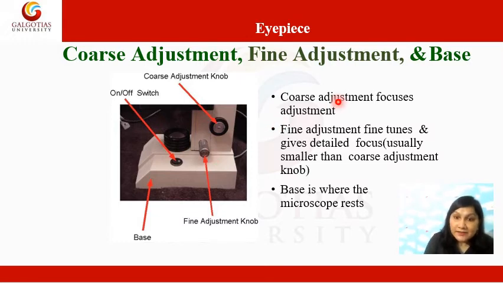Coarse adjustment is used to define the distance of the object from the objective lens to get a clear image, and the fine adjustment knob is used to get the detailed focus of the smaller parts of the object, and the base is where the microscope rests.